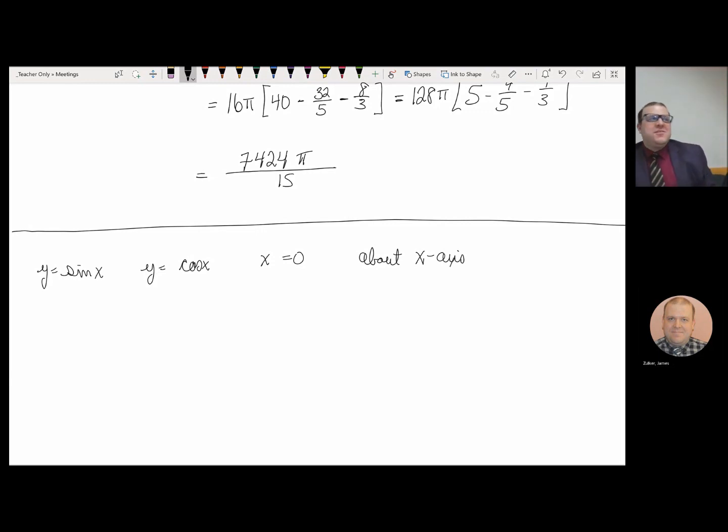Because of course we have to have trig. So the region is bounded by y equals sine x, y equals cosine x, and x equals 0. It's being rotated about the x-axis, and we're going to find the volume of the resulting solid.